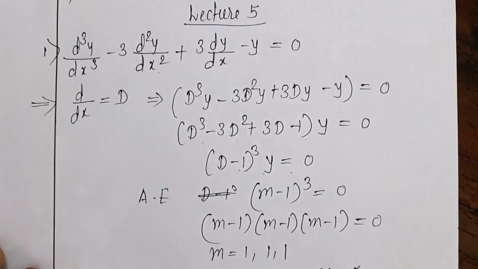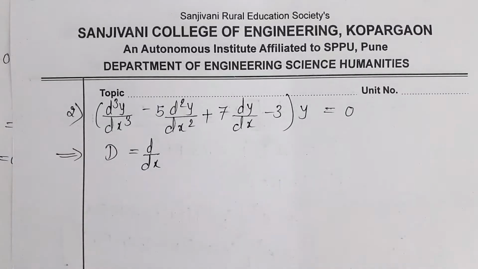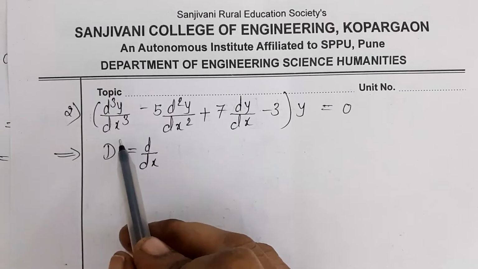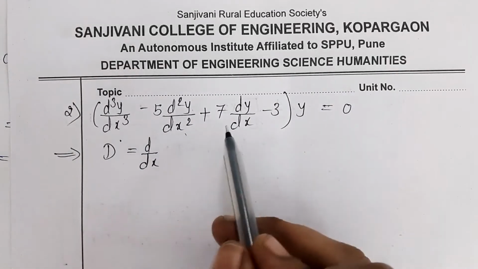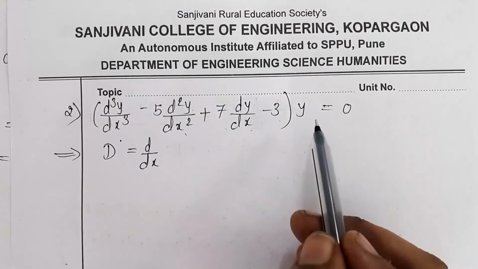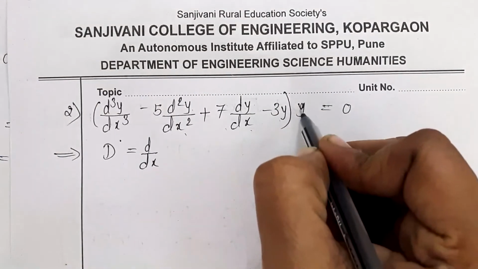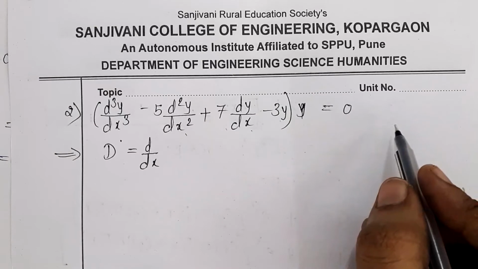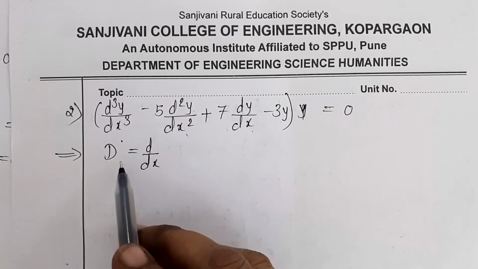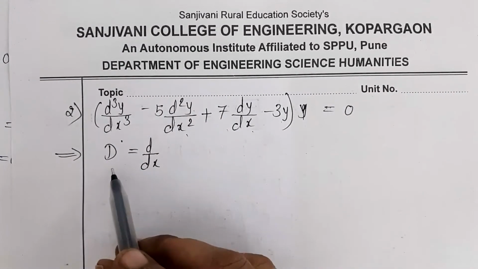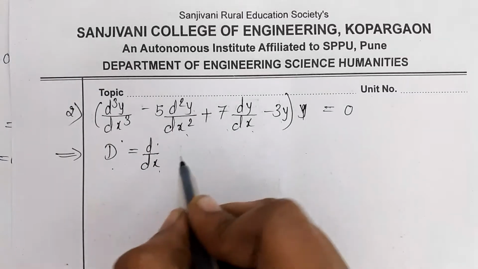Next example is d cube y by dx cube minus 5 d2y by dx square plus 7 dy by dx minus 3y, it is equal to 0. Now again we convert it into operator form. D is equal to d by dx.